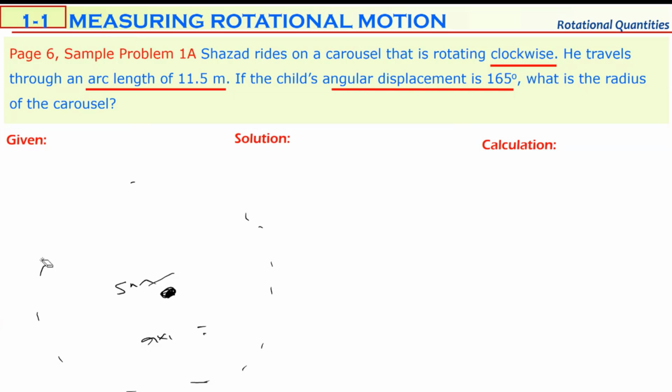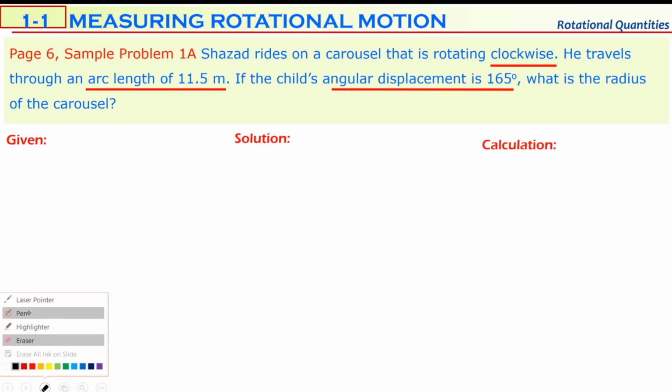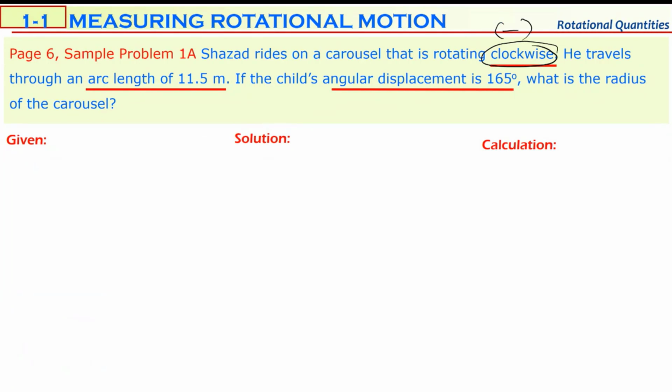radians. Shazad rides on a carousel that is rotating clockwise. When it says clockwise, we will understand that it is negative. This clockwise represents negative.